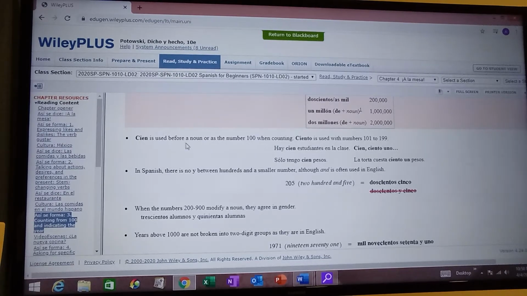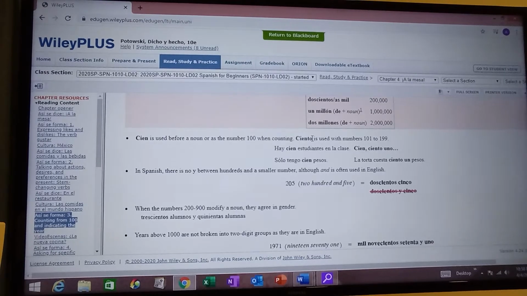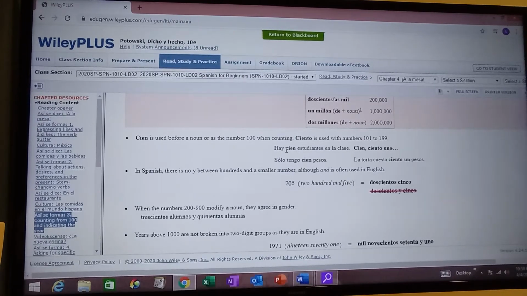Cien is used before a noun as the number 100 when counting, and ciento is used with numbers 101 to 199. So you say hay cien estudiantes, used before a noun, the noun is estudiantes. Hay cien estudiantes en la clase.